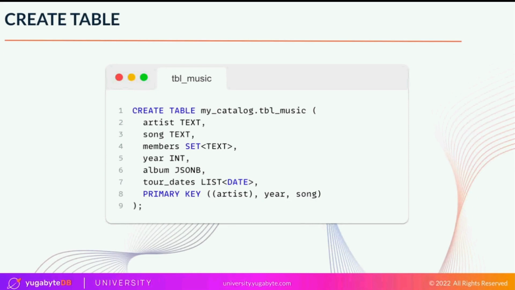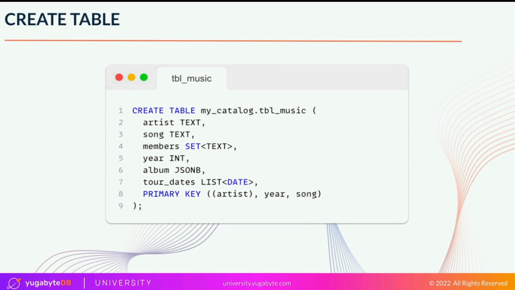Here we'll see we're using the create table statement to create the table music. The table music is created in the My Catalog workspace, in the key space, excuse me. Due to the semi-relational nature of YCQL, complex data types such as sets, lists, maps, and JSON-B can be used to define the data type of an attribute.